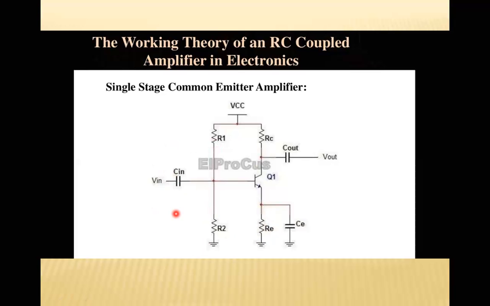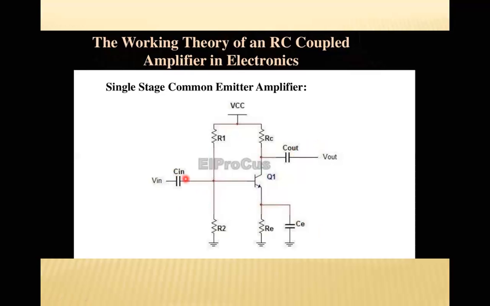Here the input capacitor is Cin, the output capacitor is Cout, and the bypass capacitor is Ce. So we will study what Cin, Cout, and Ce are. The input capacitor Cin is an electrolytic capacitor, almost equal to 10 microfarad, and is used to couple the signal to the base of the transistor.